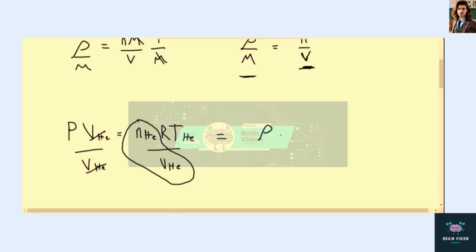So rho R T for helium over the molar mass of helium. We did this because the molar mass of helium is just a constant we can look up, and the density is going to be the same for both gases.